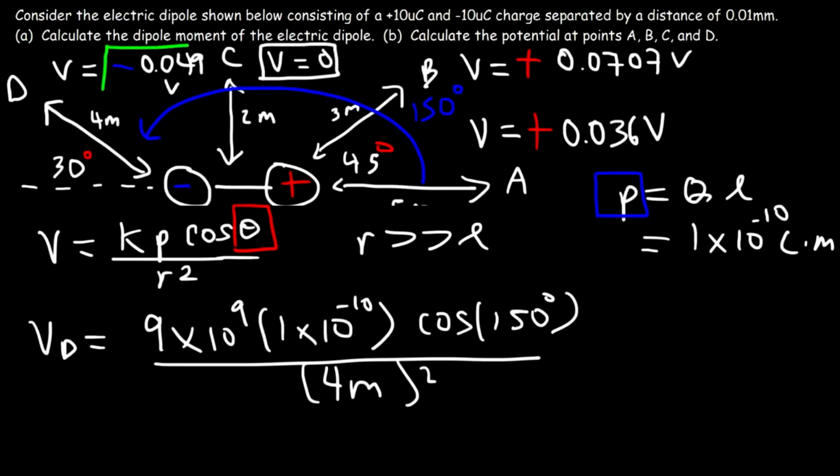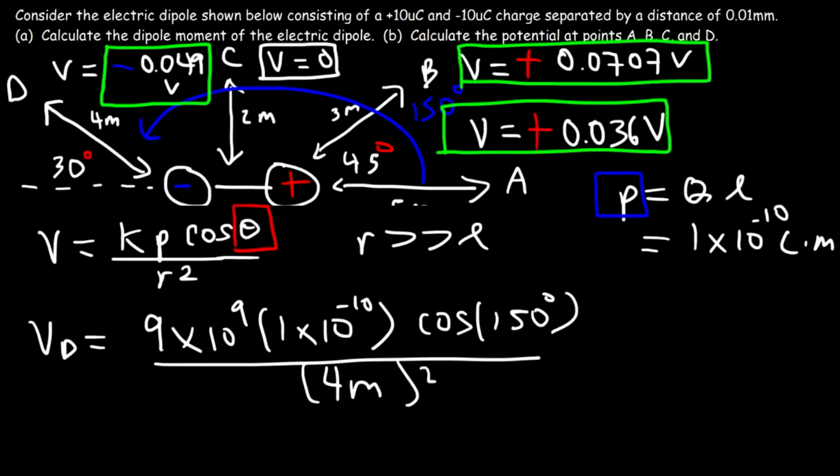And as you can see, it's negative on the left side, but positive on the right side. And so now you know how to calculate the electric potential of a dipole. So make sure you use the appropriate angle in order for this to work.